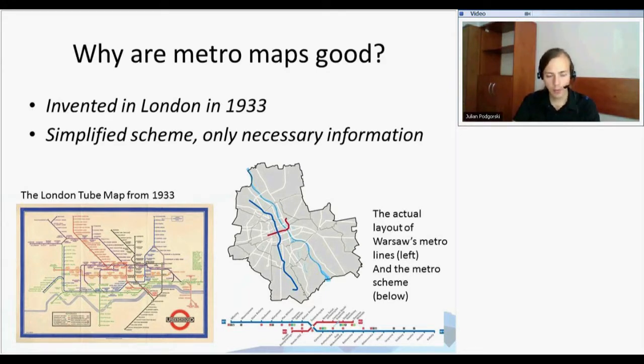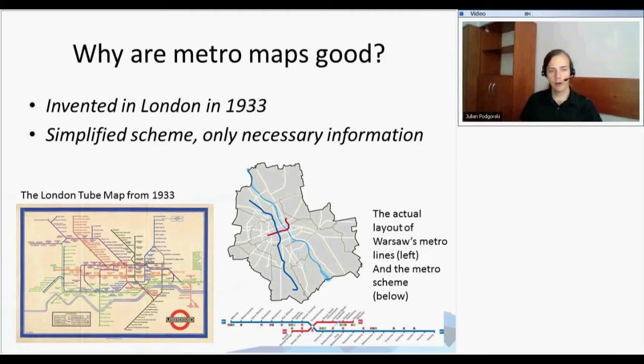At the time, as I said, it was quite revolutionary, but it stuck for the very simple reason. It is a plan or a map that only gives us the information we need. When we travel underground, we don't need the information how far exactly in meters are the two stations from each another. We don't care if the line is curving or if it's going on a straight line.